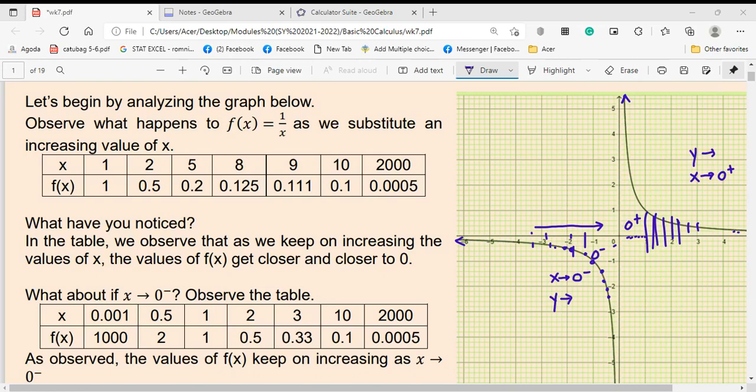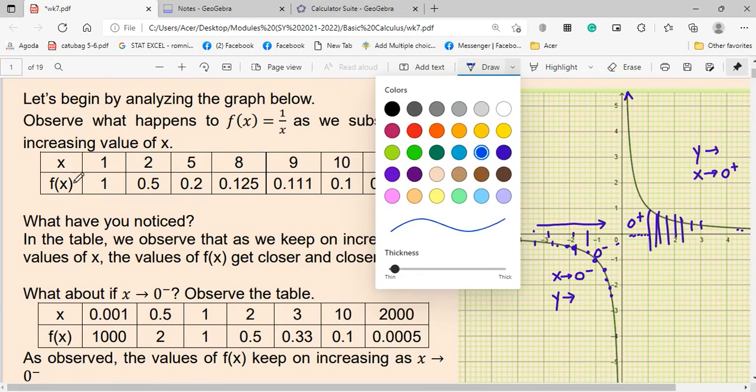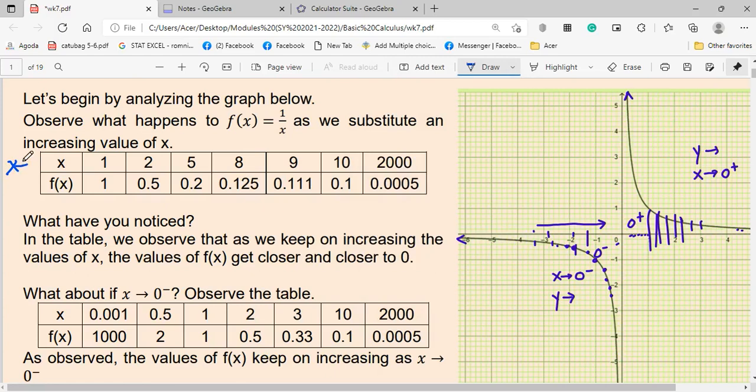Okay? Now, we begin by analyzing the graph, sabi niya. The graph on the right. Kapag ang ginawa mo dito ay nilalakihan mo, you observe that the values of x here, you are increasing the values of x.